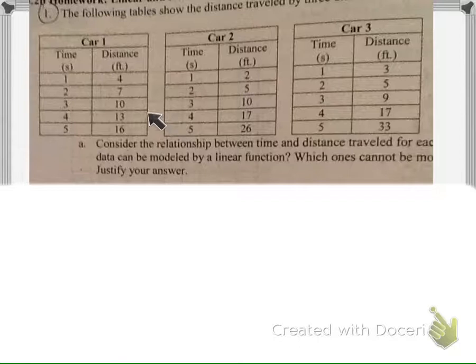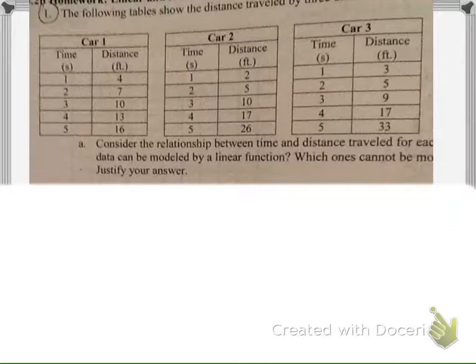Linear, as you have learned in the past, means that there's a constant rate of change, you can find a slope, and if you graphed it, it goes in a straight line. So for each of these tables, I need to see if there's a constant rate of change. To do that, I'm going to put in my carets.